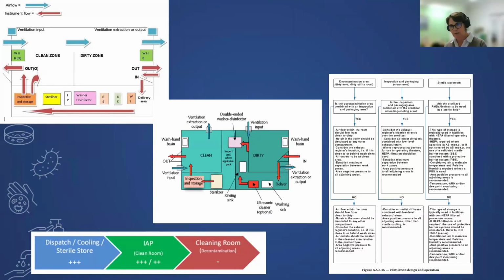And I gave you some tips, the sheet on the right-hand side, particularly where in a lot of practices we co-locate these clean and dirty reprocessing activities, and what are some of the strategies that we can put into play to reduce the risk of environmental contamination and personnel contamination as well.